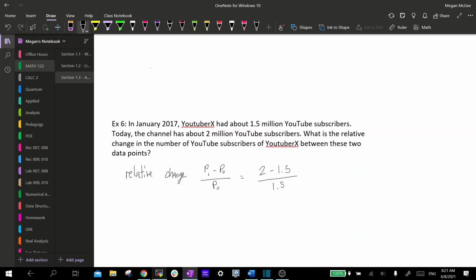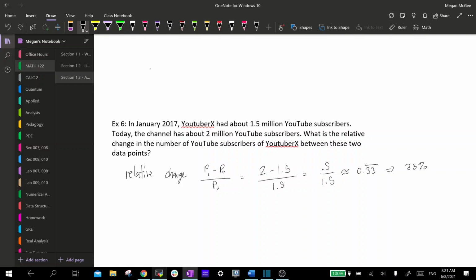We'll get 0.5 over 1.5, and in a calculator that's 0.33 repeating. We usually express this as a percent, so this is 33%.